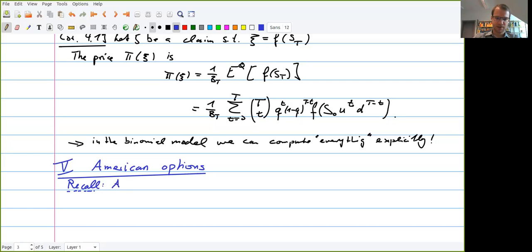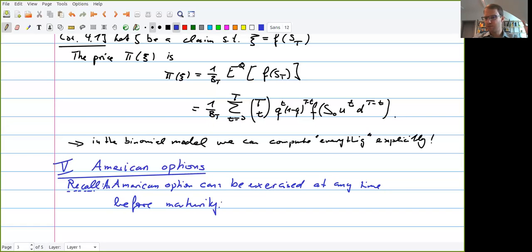So an American option can be exercised at any time before maturity.